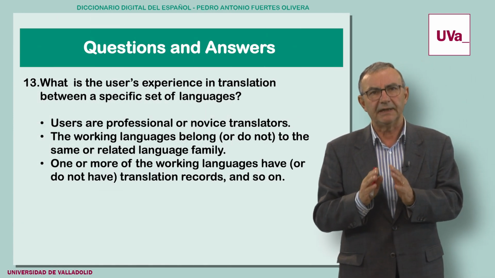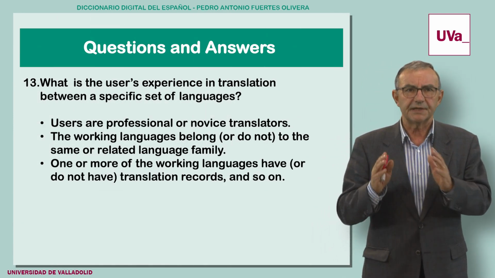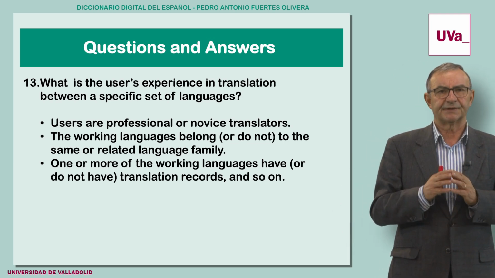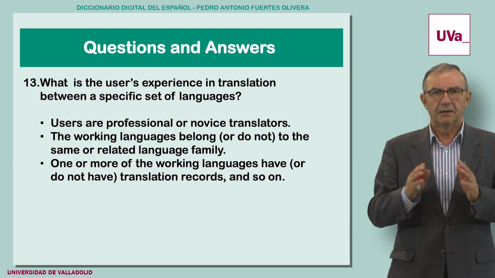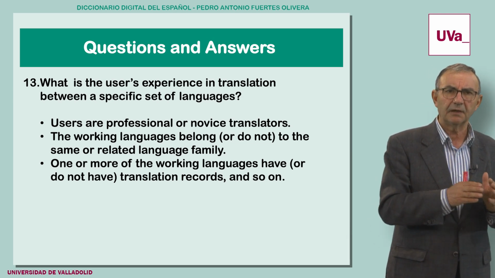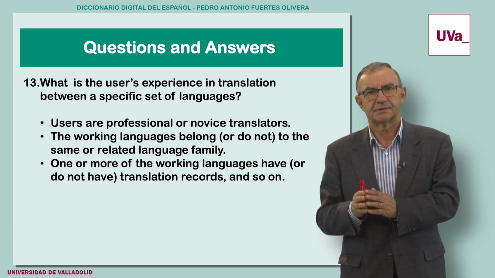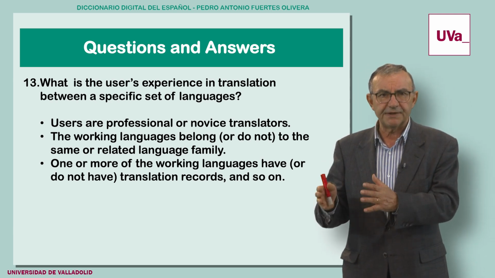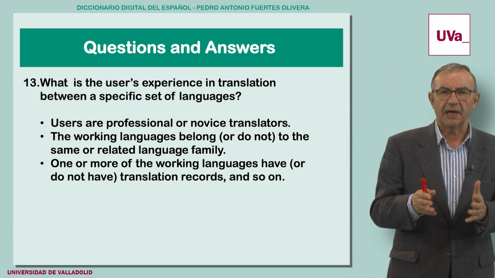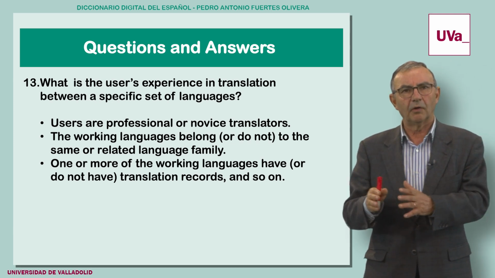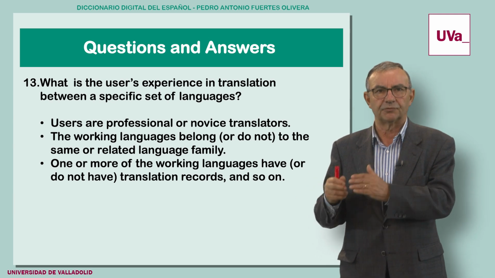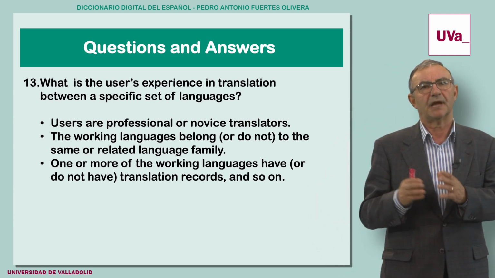Question number 13. What is the user's experience in translation between a specific set of languages? Users are professional or novice translators. The working languages belong or do not to the same or related language family. One or more of the working languages have or do not have translation records, and so on.